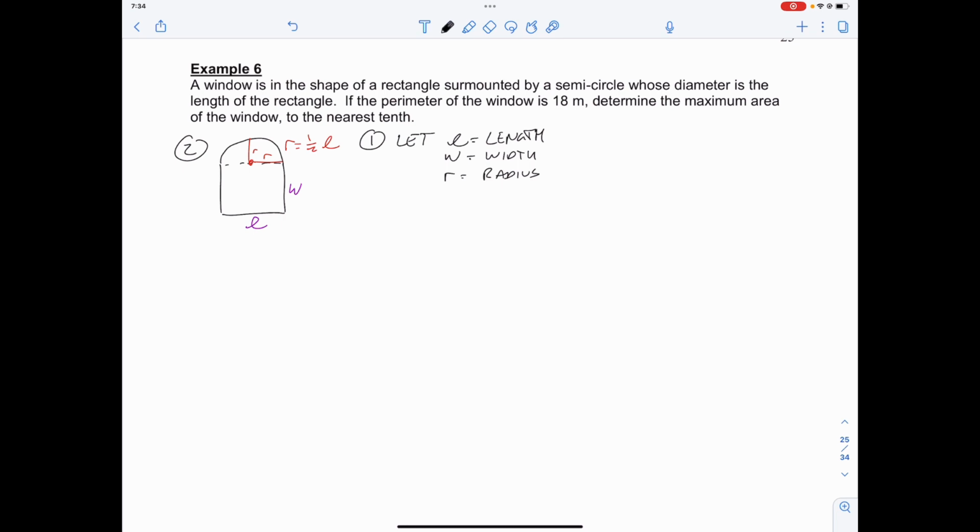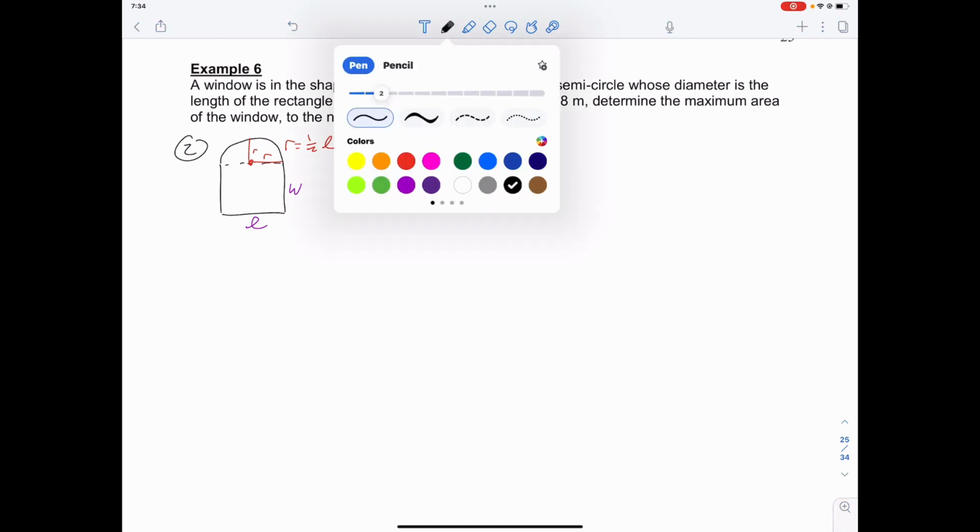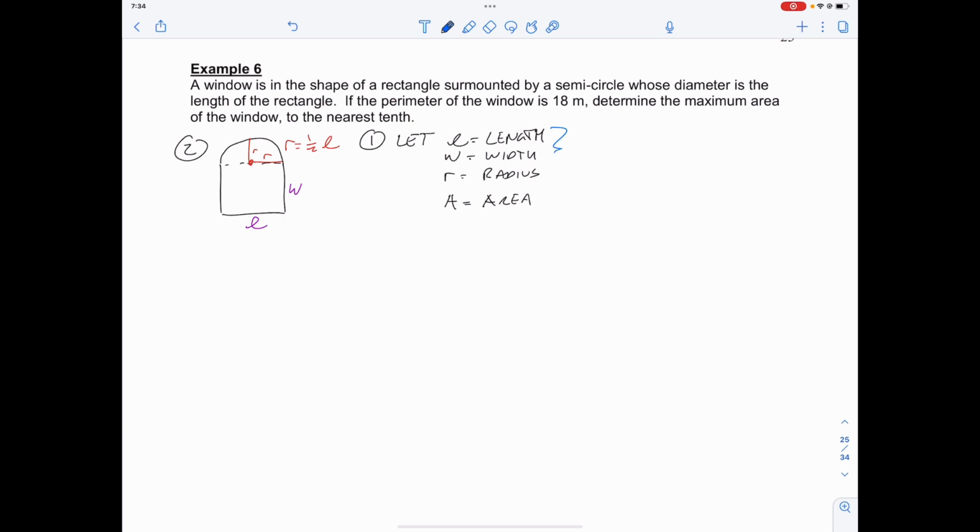And obviously the area here is going to be A. The length, the width, and the radius have to be positive, but they also have to be less than the perimeter. And the area also has to be positive.